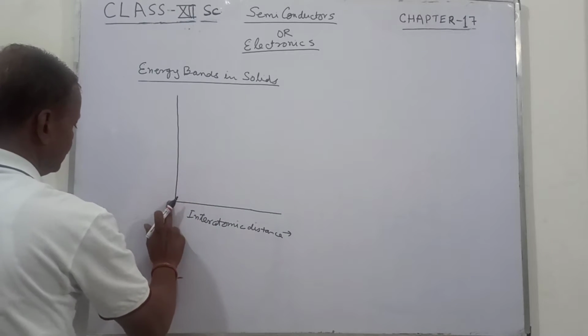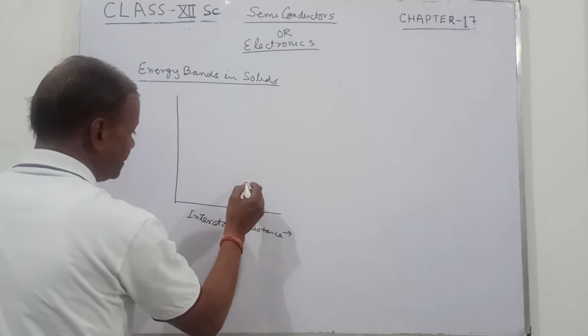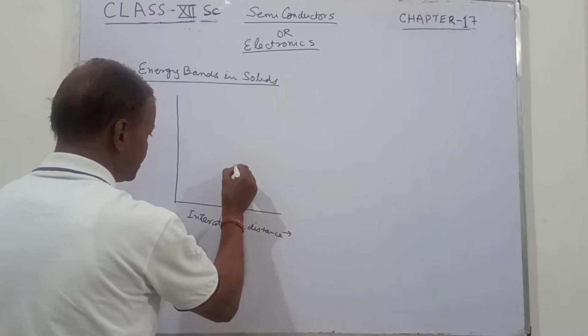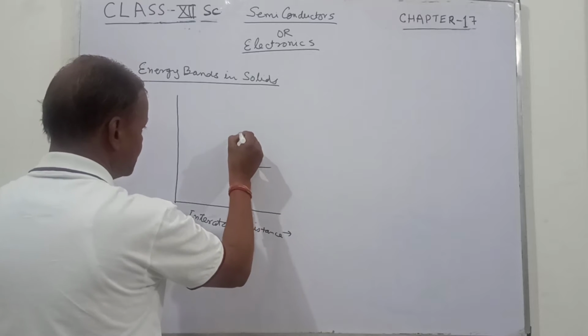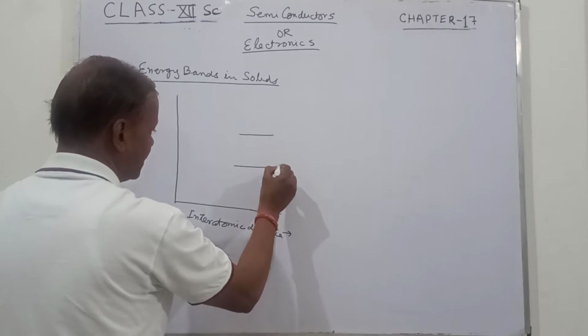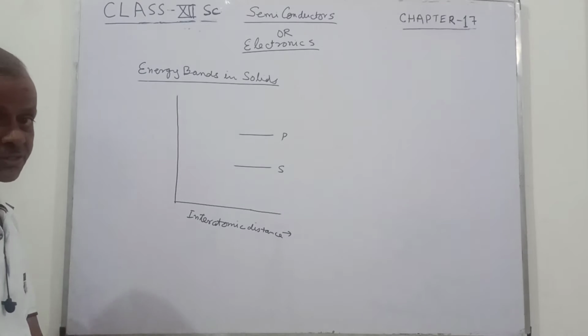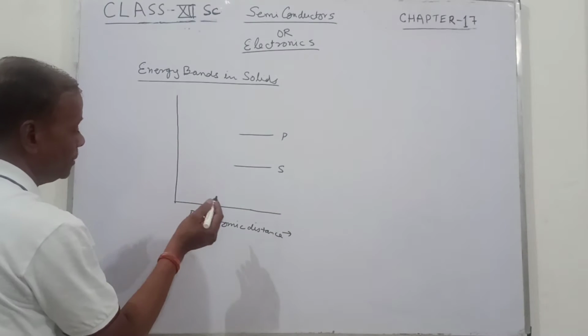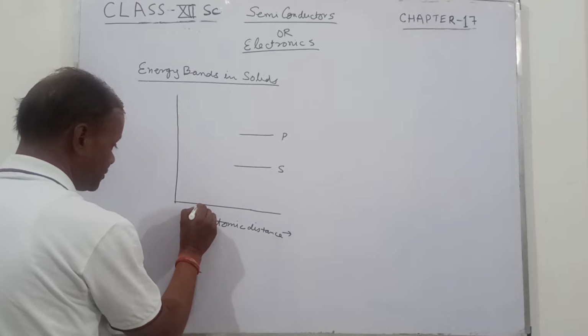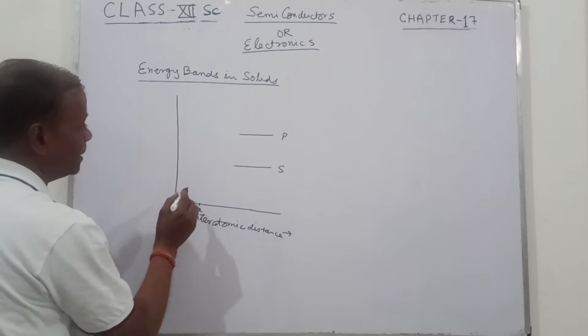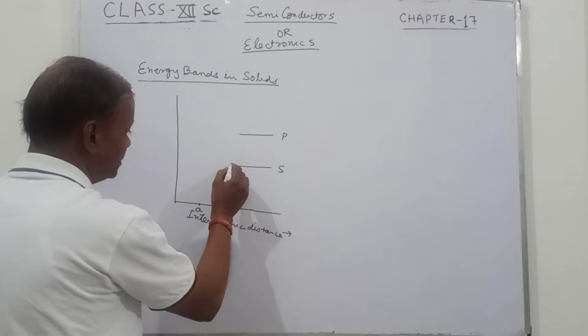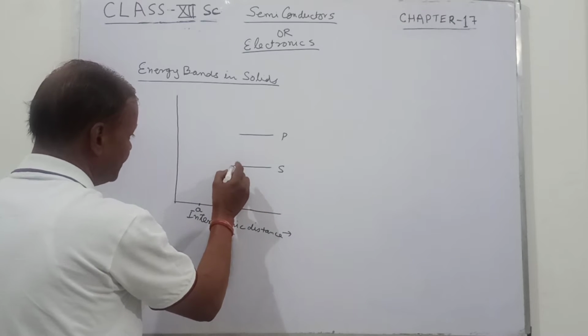This is your S. This is P. S and P, these are the subshells. This is the interatomic spacing. Suppose this is now A, and when these are brought together, they start to overlap.